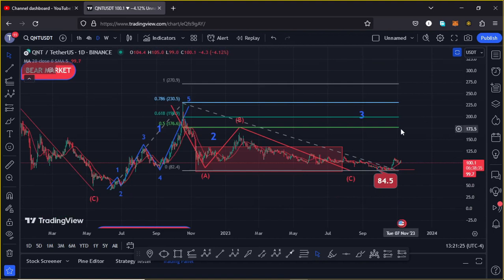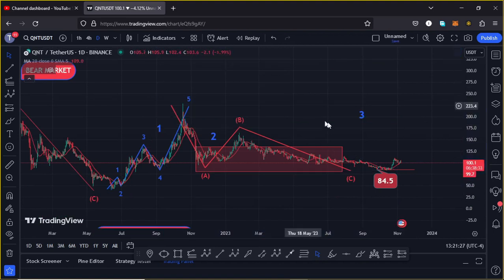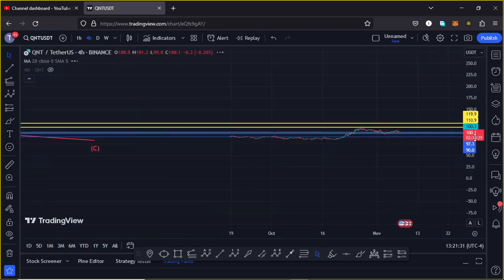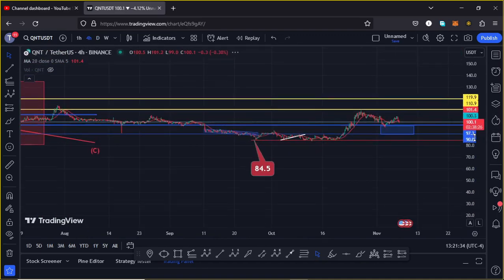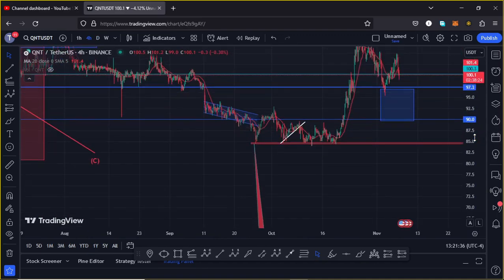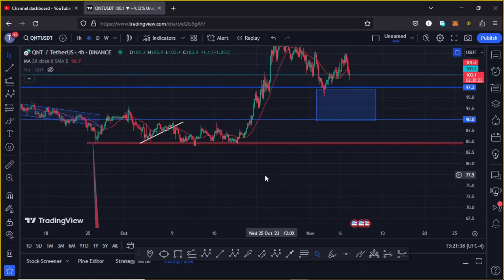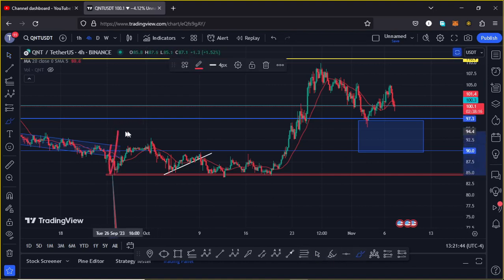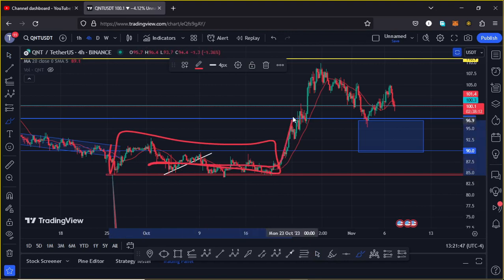Getting back to the 4-hour chart to give you my short-term and also the pullback target areas that we can expect QNT to get into in the next coming hours, you can see that we managed to get our low down here at around the $84.5 mark before we saw that aggressive move breaking above areas of resistances, giving us a high above the $110 mark.